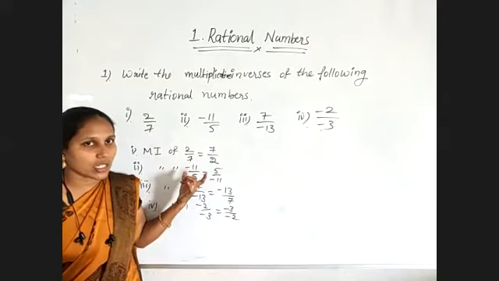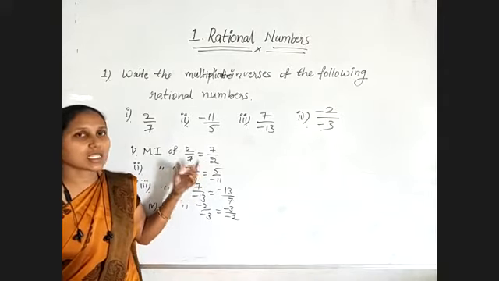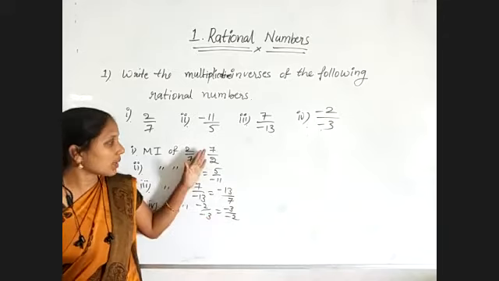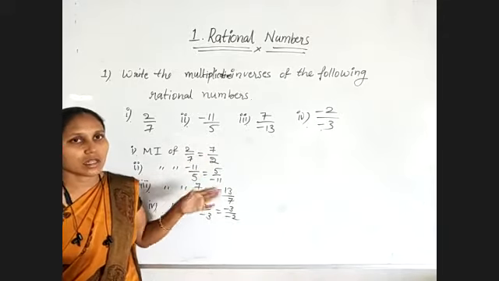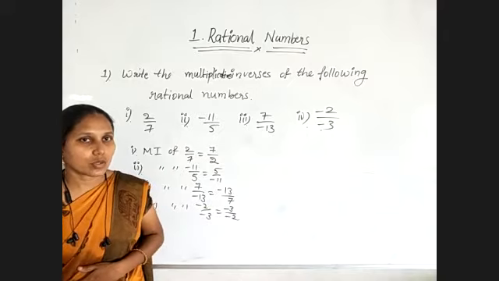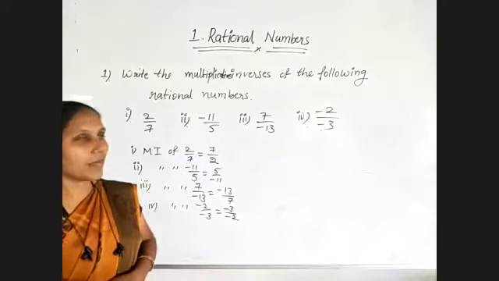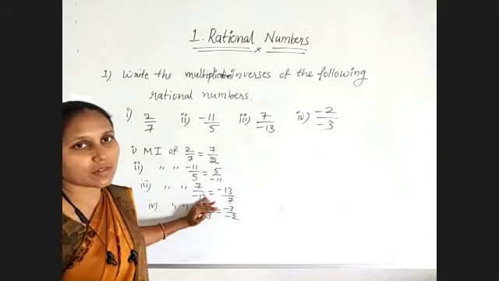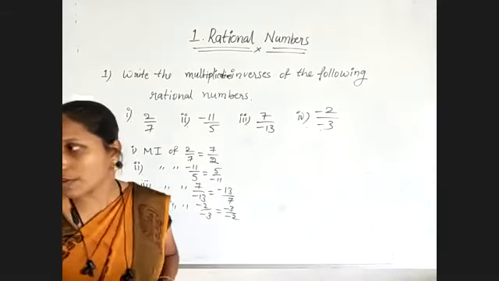Your signs will not change. The only change is in the numbers. We have to take their reciprocals, so numbers we need to interchange. Whereas in the additive inverses, we should not change the numbers. So that is the main difference between additive inverse and multiplicative inverse. So remember all these points well.